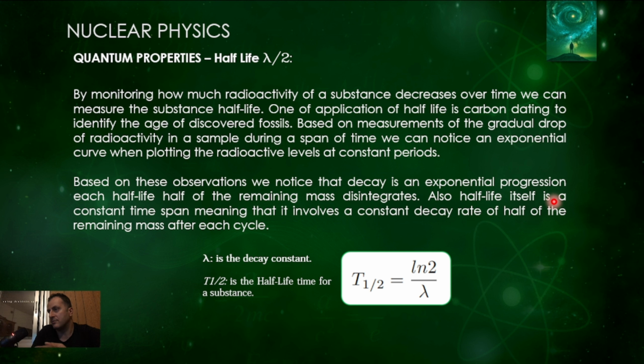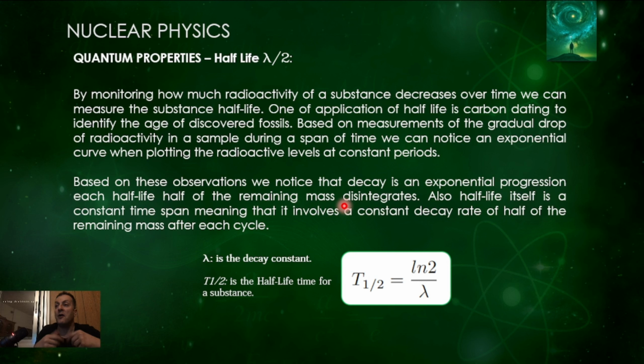Also, half-life itself is a constant time span, meaning that it involves a constant decay rate of half of the remaining mass after each cycle, or after each half-life. Let's say the half-life is 7 days. So every 7 days, half of the remaining mass will decay.